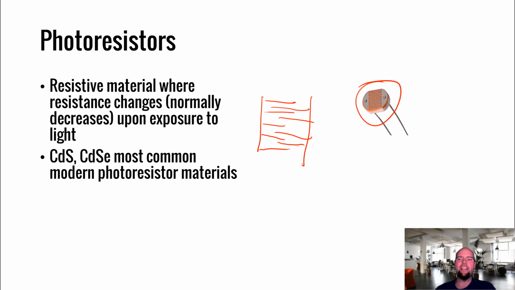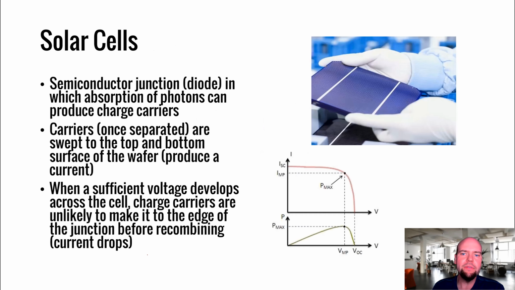These are a little bit strange because this cadmium selenide is kind of sensitive, so normal ways of depositing metal don't work. Usually they have to evaporate metal on the surface, so they evaporate this pattern of metal on there to make these interdigitated fingers. Kind of neat. Solar cells.